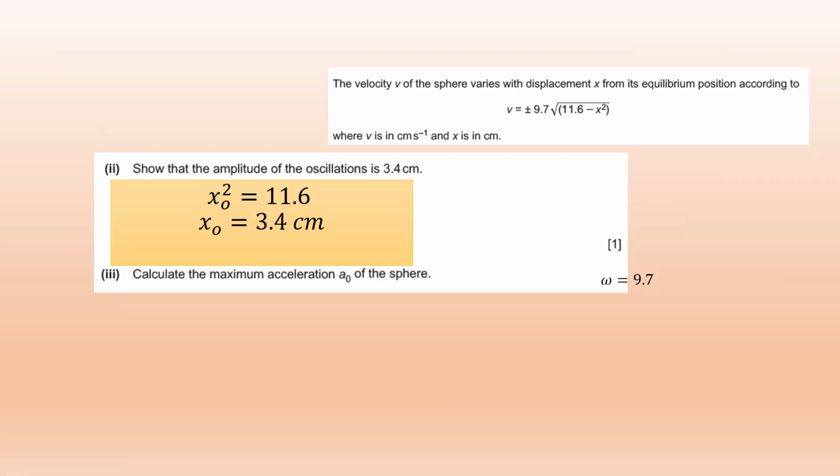Calculate the maximum acceleration a naught of the sphere. Right, that is the equation. Then 9.7 squared, the omega, then 3.4. We use cm, so we get cm per second squared.